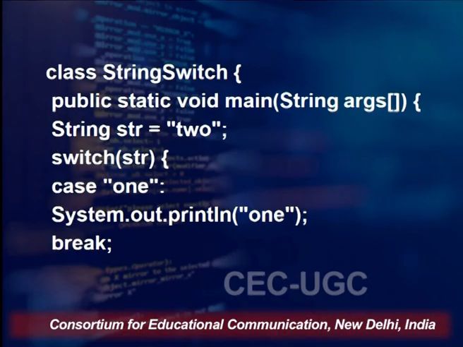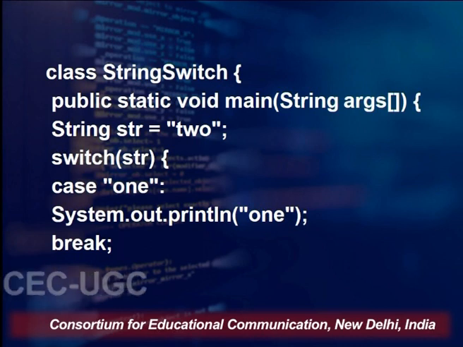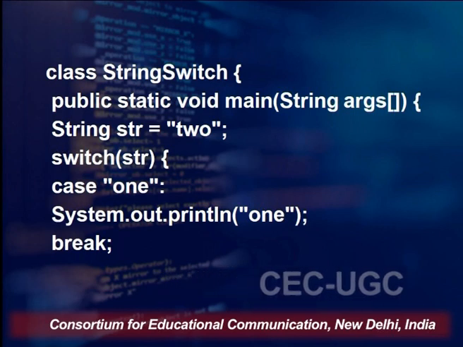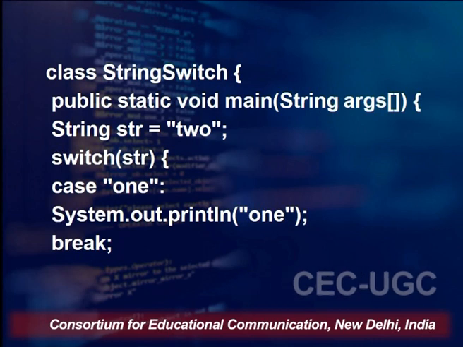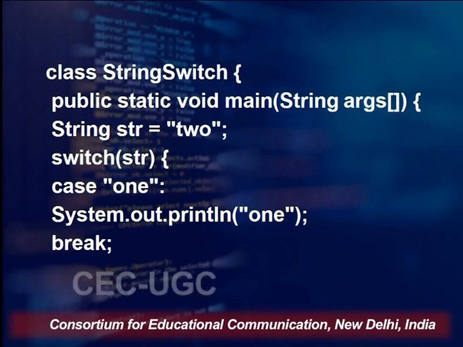Here it says String str is equals to "TWO" in double inverted commas. As you know, String is a built-in data type here. Then we are going to operate this switch statement on the basis of str, and then it will be matched with case "one" in double inverted commas, which is another constant or another object of this string.